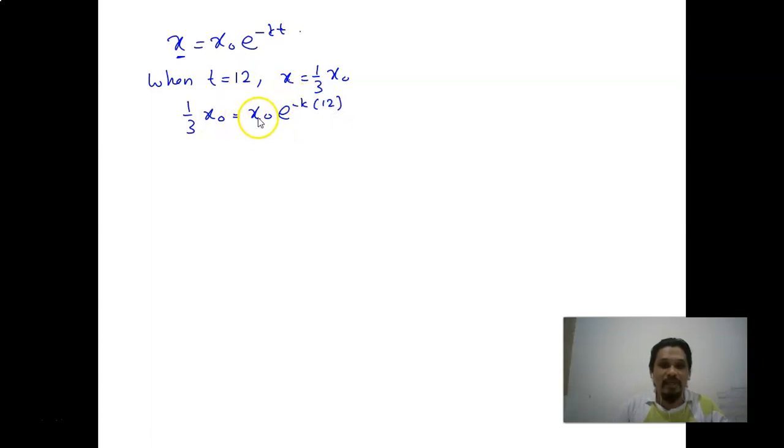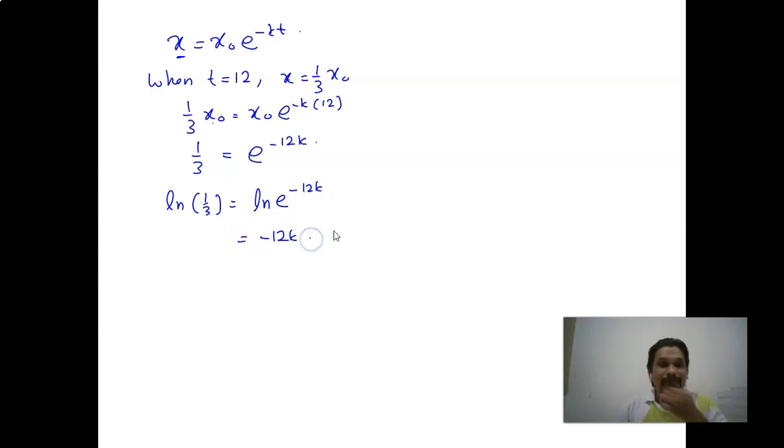So then divide by x naught left and right, and on the left here 1/3 equals e to the power of negative 12k. We are going to simplify this equation by taking the natural log. Natural log of 1/3 equals natural log of e to the power of negative 12k, which equals negative 12k.